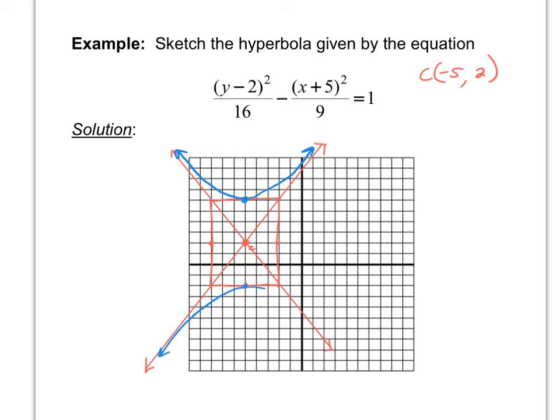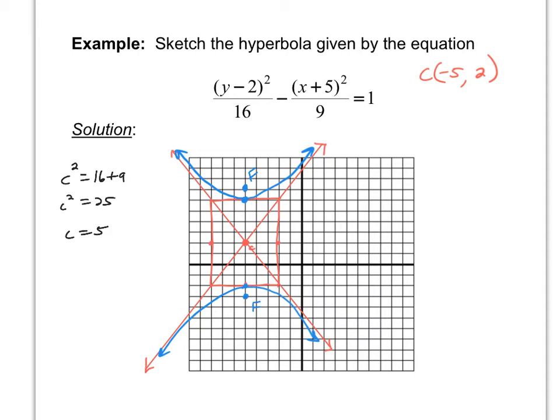Then we're going to calculate where the foci are by looking at the sum of these two numbers. So c squared is going to equal 16 plus 9. c squared is 25, which means c is 5. That means to find my foci, I'm going to go up 5 units, which would put it right here, and go down 5 units, which would put it right there.